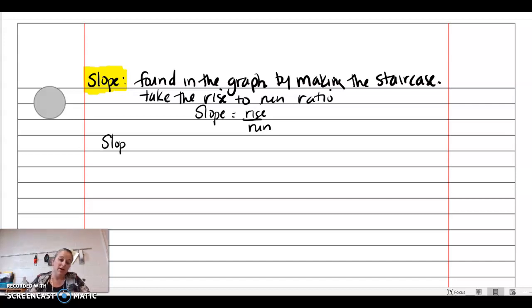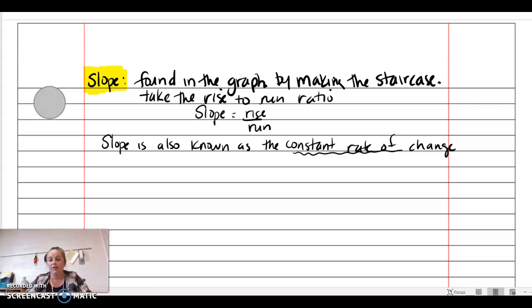Slope is also known as the constant rate of change, which I might squiggly underline in the table.